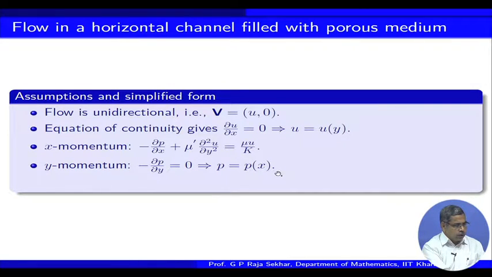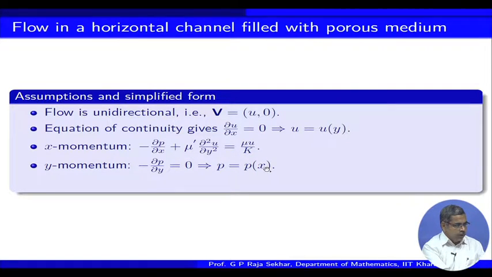This is completely analogous to the flow inside parallel plates in the case of clear flow, except that we have an additional term which is due to the resistance offered by the porous packing. Naturally, if somebody takes K going to infinity, that means a large permeability, this term vanishes and the equation reduces to the clear flow Stokes equation.